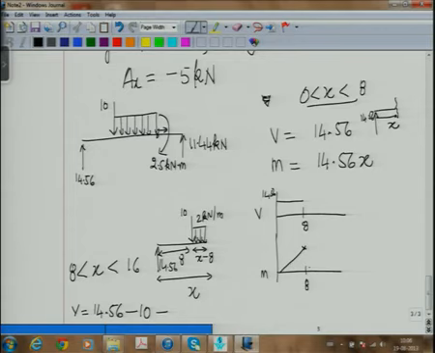So what is this effective load? 2 multiplied by x minus 8. So therefore we will put it as minus 2 multiplied by x minus 8. So this is our shear force.